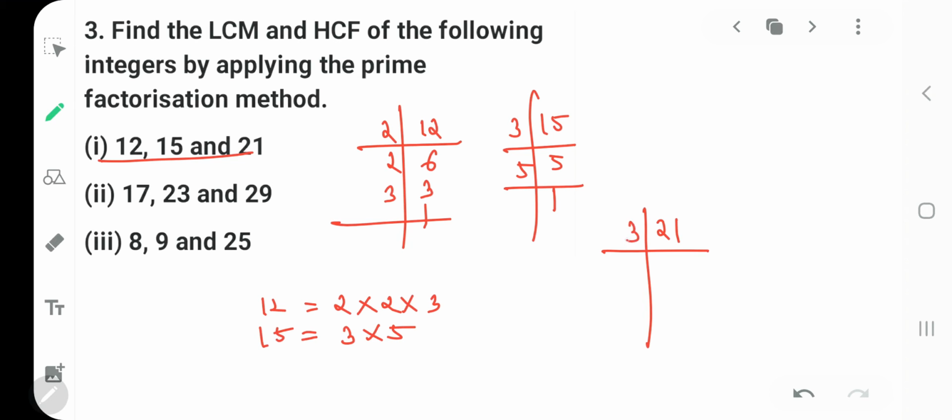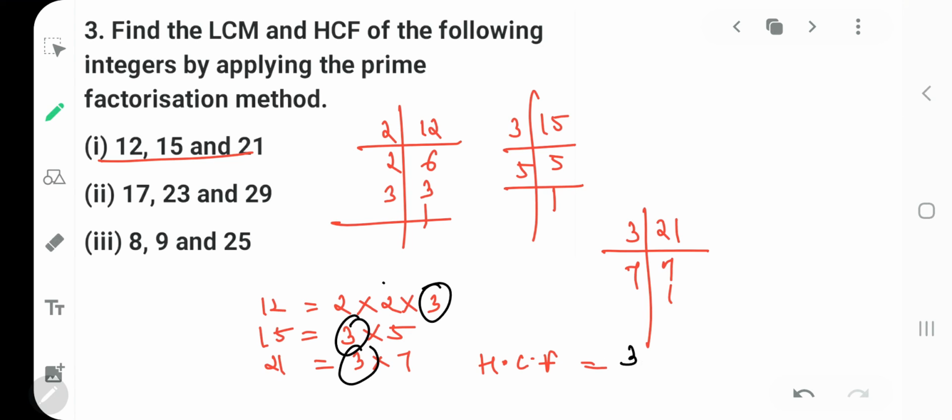For 21 you have 3 and 7. So what is the HCF, my dear kids? The HCF is the common factor. What is the common factor in all? It is 3. So the HCF is 3.